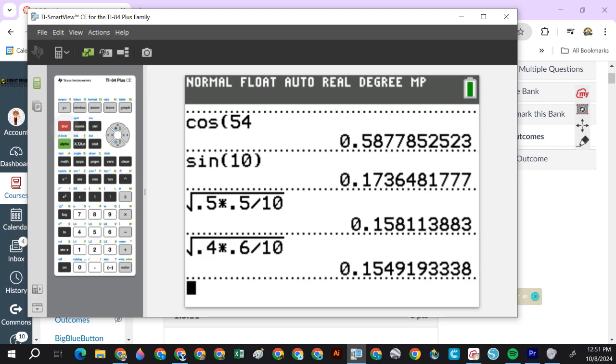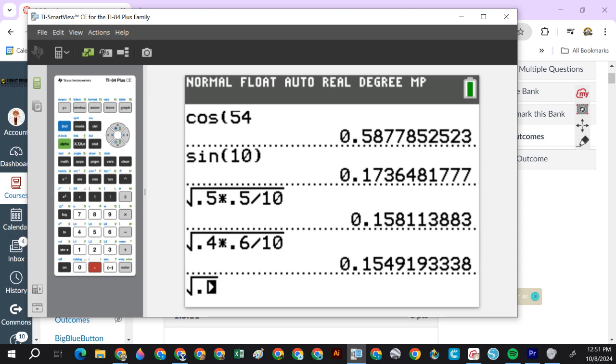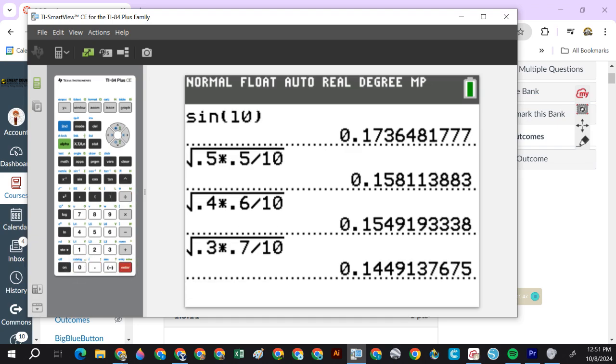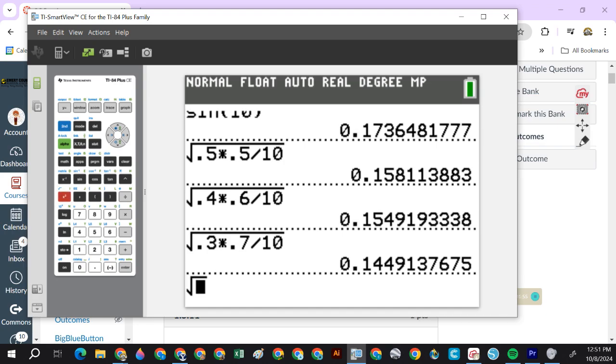Okay, so let's go even farther. The square root of 0.3 times 0.7 divided by 10, and it got even smaller. Okay, let's go the other direction. Well, the square root of 0.6 times 0.4, oh, that looks familiar.